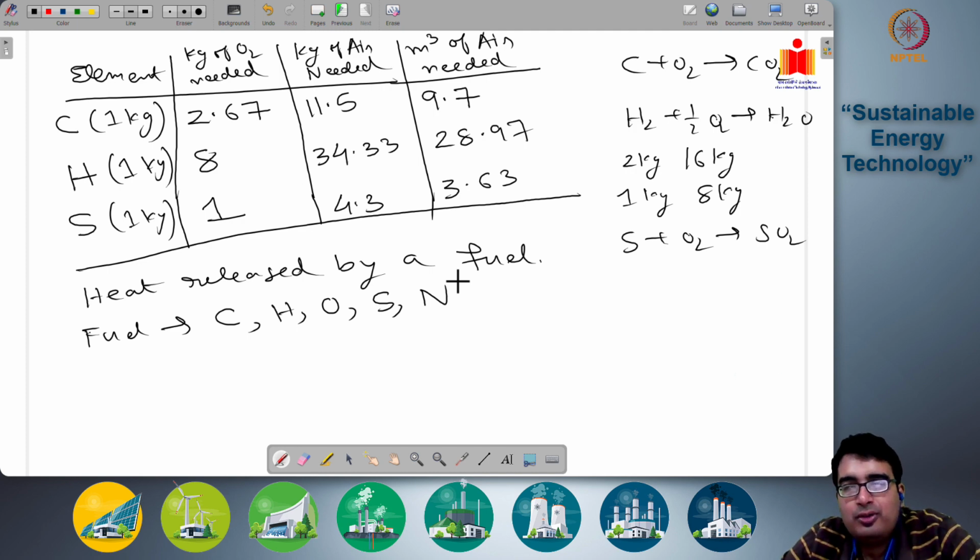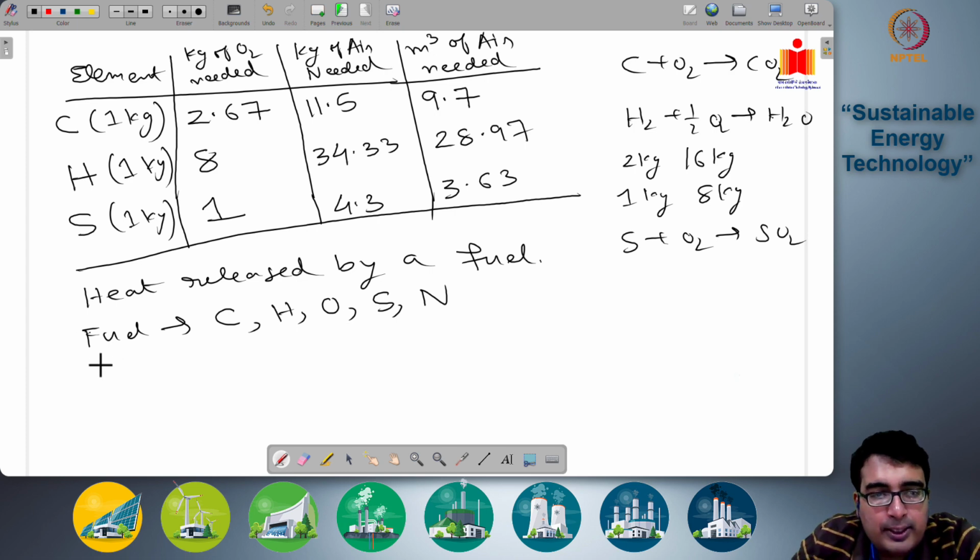So nitrogen and oxygen oxidizing to produce NO does not add any heat to the combustion process, so we can neglect that. So what we are left with is these three. Now of this, oxygen of course will not produce any heat itself. Okay. And if in a fuel oxygen is present to some extent, it will be present in bound form in terms of water vapor. Okay.